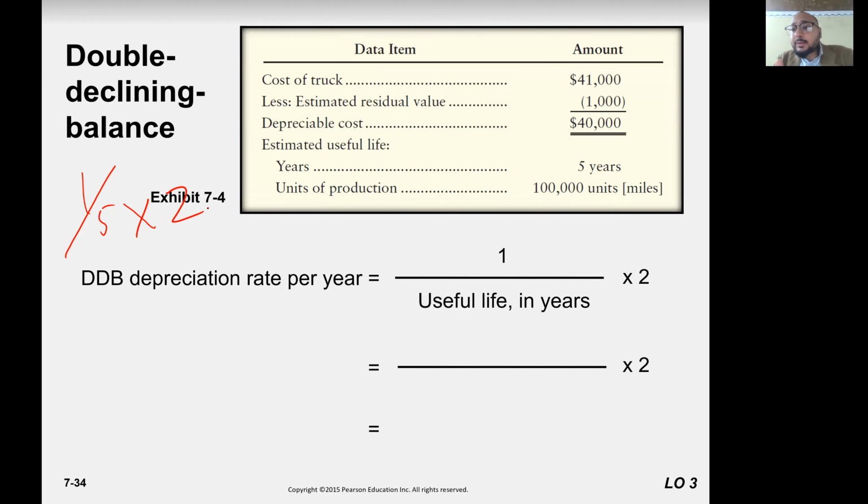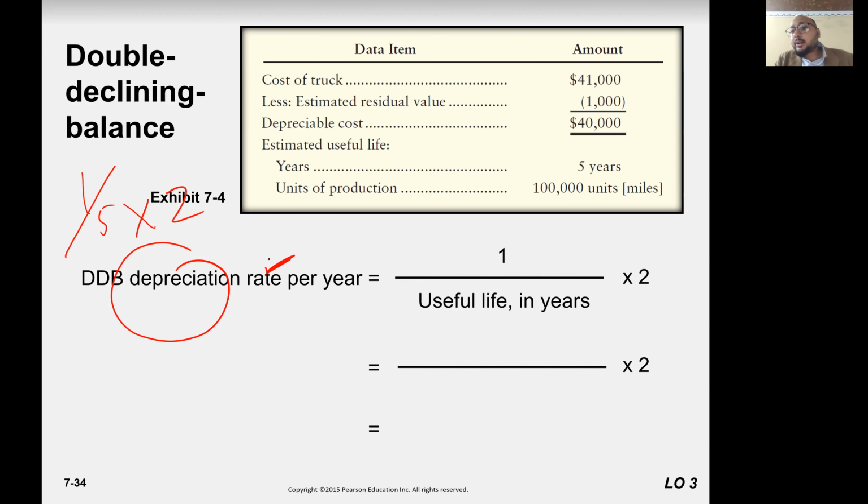So in this case, we find the depreciation rate, not the depreciation value. In straight line, we find the depreciation value per year. But here, we find the depreciation rate per year.